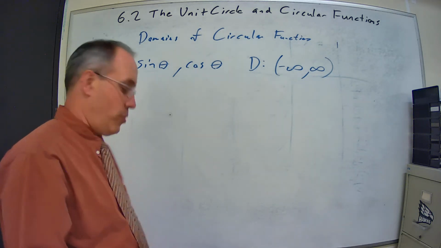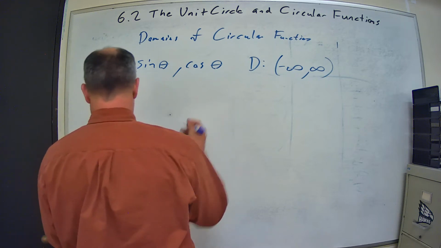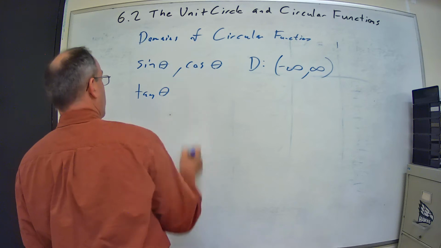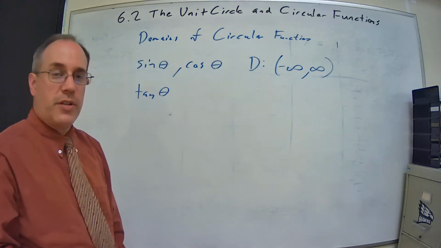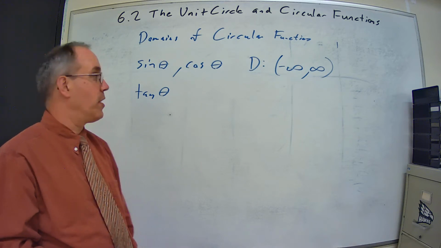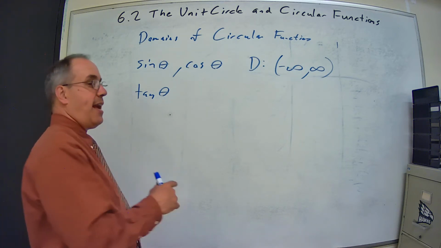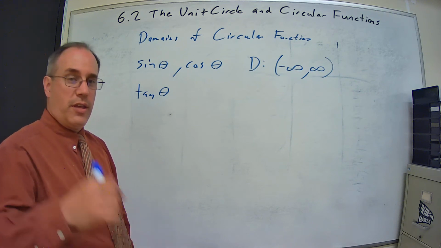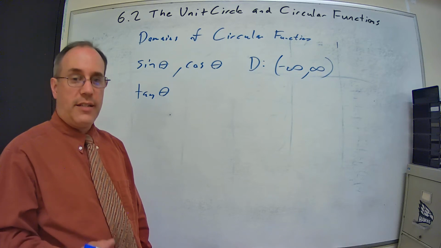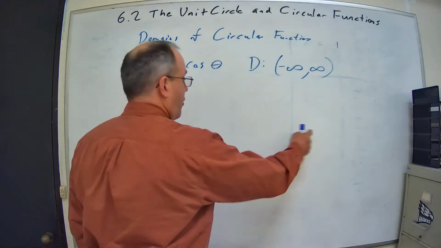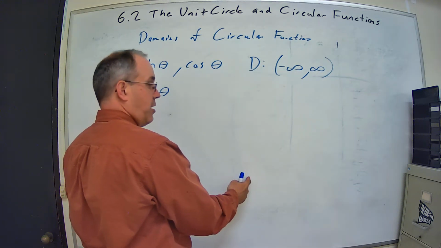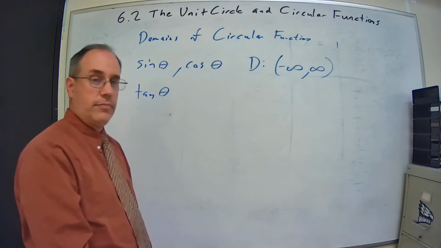Well, what happens when we deal with tangent? Let's just start with tangent. Tangent was y over x. So that means that we can't allow x to be equal to 0. When is x equal to 0? X is equal to 0 at 90 degrees, or pi over 2, and 270 degrees, or 3 pi over 2.